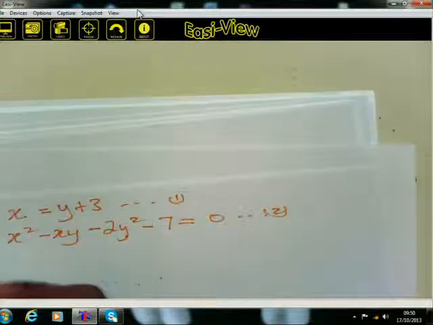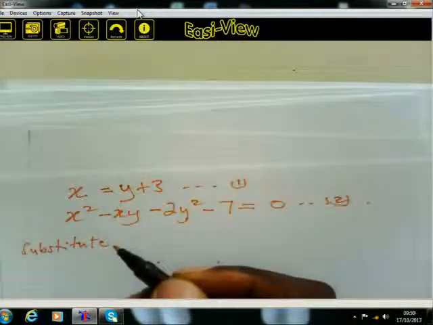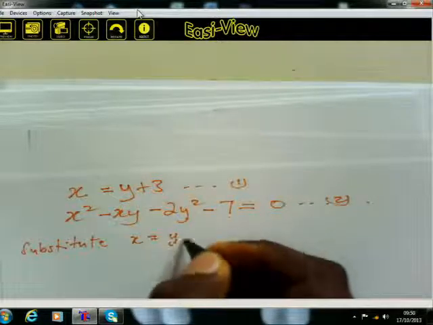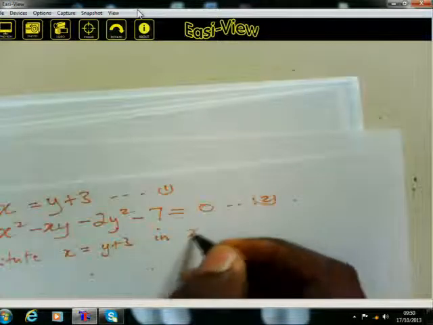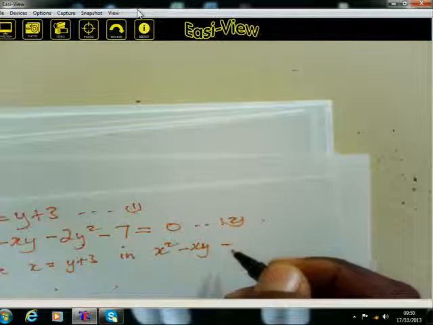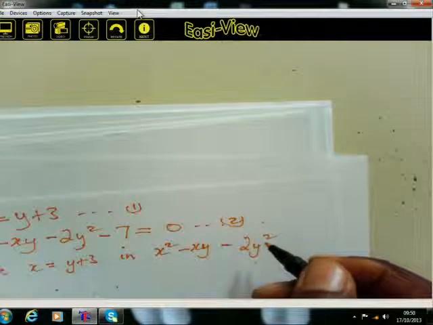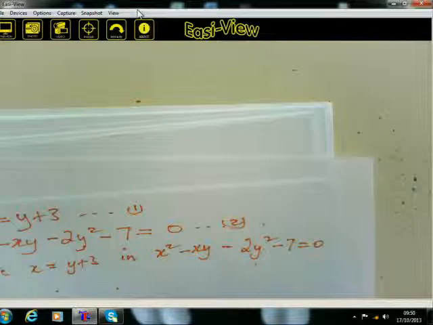You are going to substitute straight x to be y plus 3 in x squared minus xy minus 2y squared minus 7, which is equal to 0.